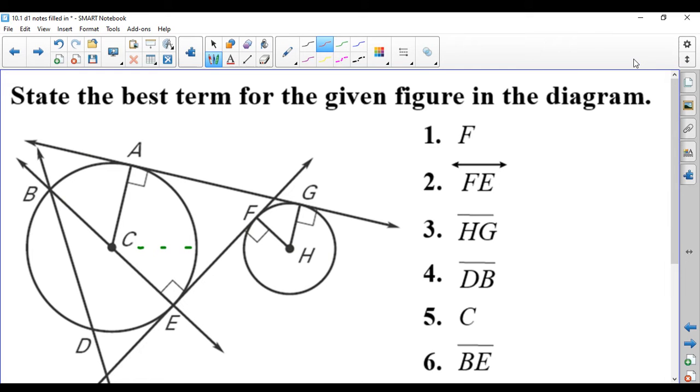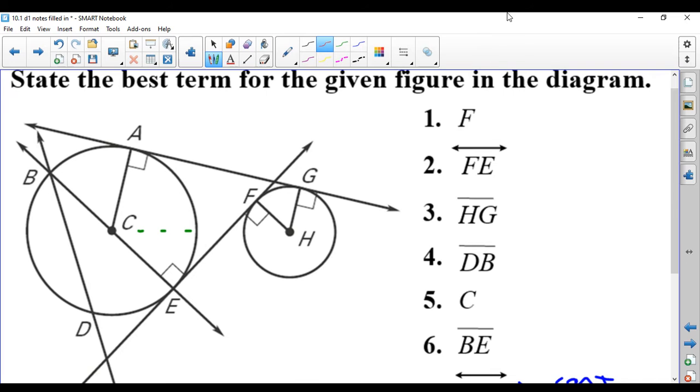So if we look at this diagram, we're going to give the best term for each figure. And so if we look at F, we see this radius coming out and hitting F, and F is where this line touches the circle H. So in this diagram, F is a point of tangency. Excuse my writing.